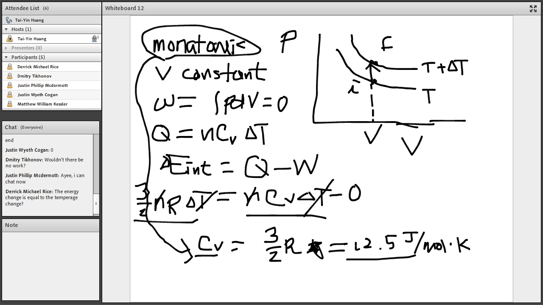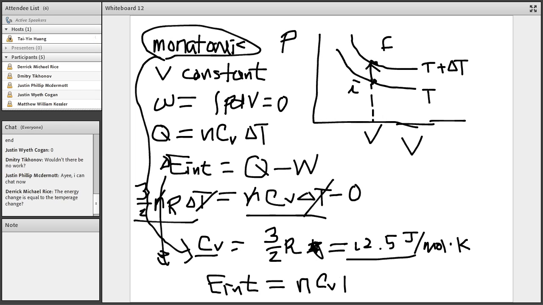So now we know that your CV value is 3 halves R. So the internal energy can be expressed in terms of the specific heat at constant volume. Your internal energy can be expressed as n, the number of moles, times CV, times temperature.